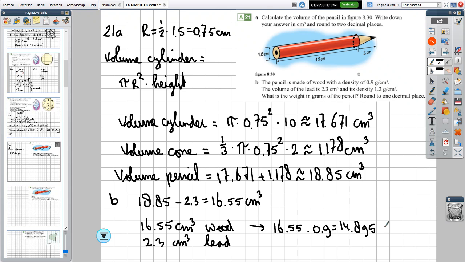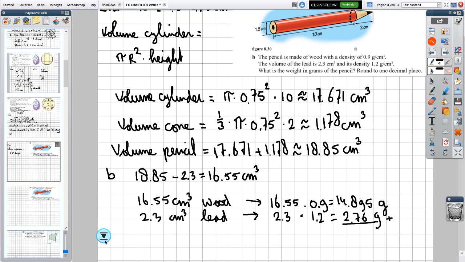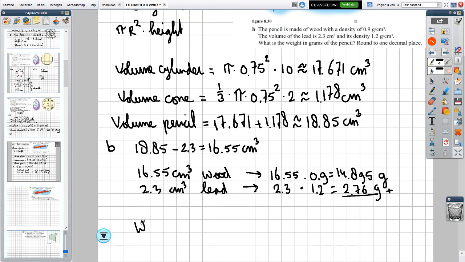In this case, grams, right? We're now talking about grams, not about volume anymore. And the other one is 2.3 times 1.2. 1 cubic centimeter of lead is 1.2 gram, but I have 2.3 of them. So I have to do 2.3 times 1.2, which gives me 2.76 gram.